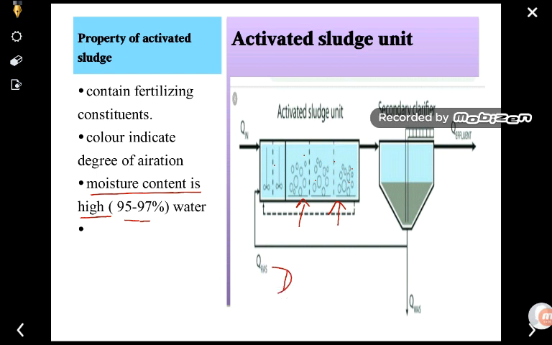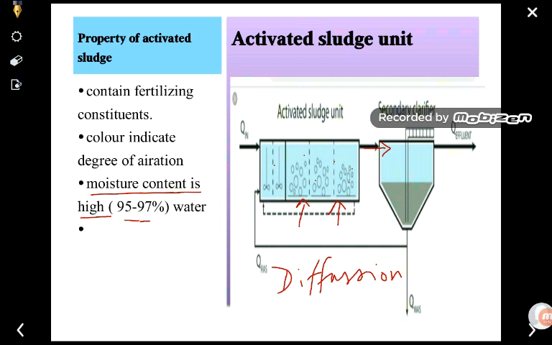So here by means of diffusion, aeration is done, and after this it is transferred to the secondary clarifier. This is the primary clarifier, and it is mixed properly with the sewage containing ample or sufficient quantity of oxygen, with the help of rapid growth of microorganisms present in the activated sludge.